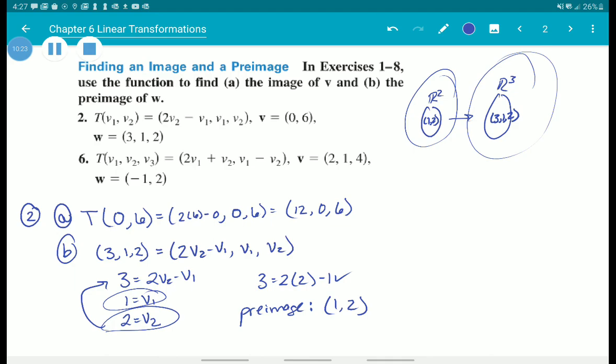Well, before 6, let's talk about domain and codomain for 2. So domain is what you're plugging in. We kind of talked about this with the picture up here. We were plugging in things from R2. Our codomain, what are we getting out?